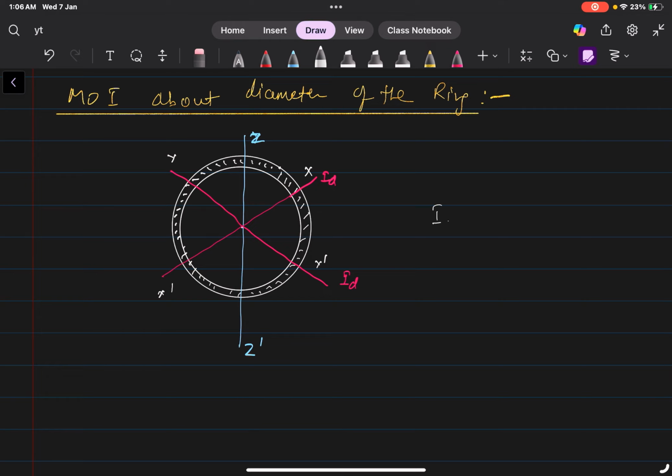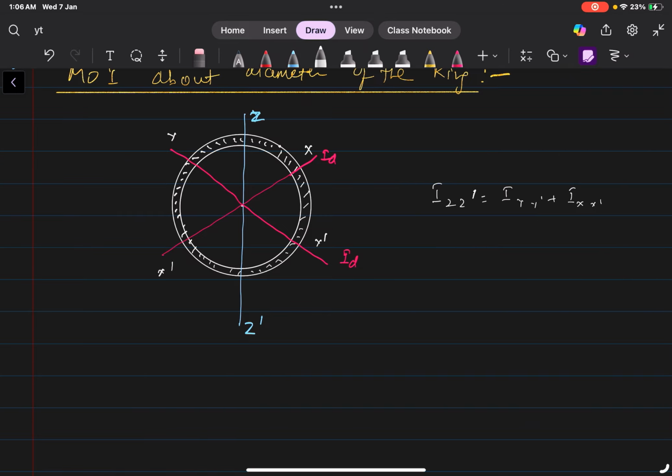According to the figure, I z z is equal to I y y dash plus I x x dash. The moment of inertia of the z component is m r square. We know this formula.